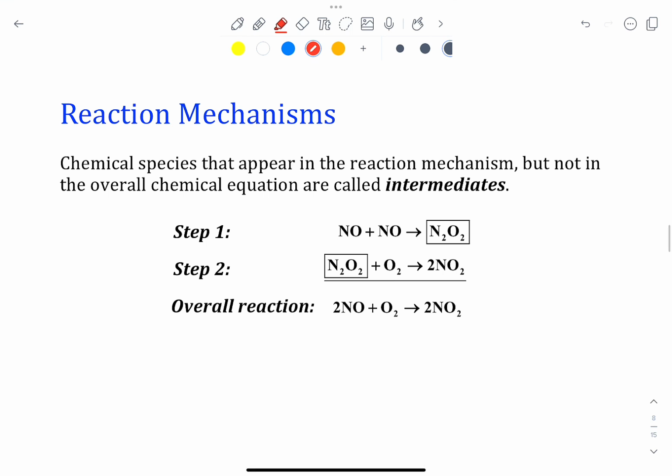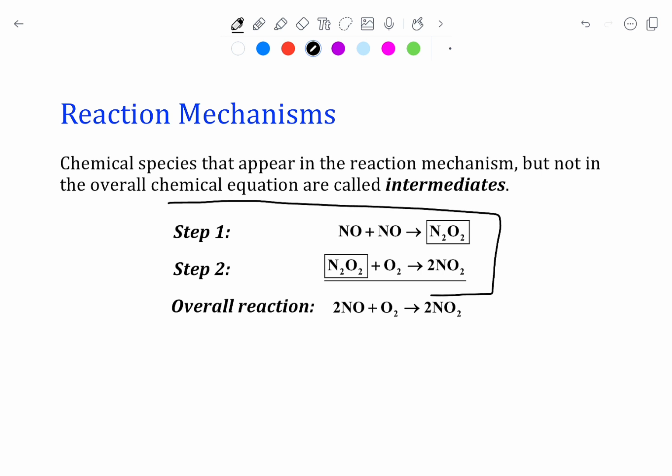So chemical species that appear in the reaction mechanism, but not in the overall chemical equation, are called intermediates. The actual steps that we have to use to achieve the overall reaction is called the reaction mechanism.